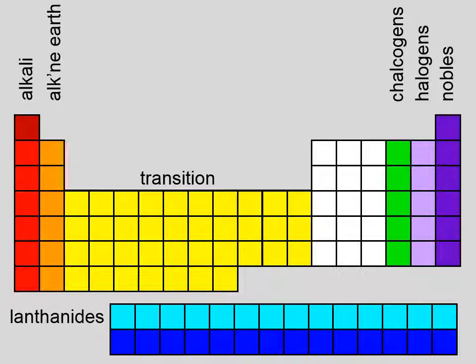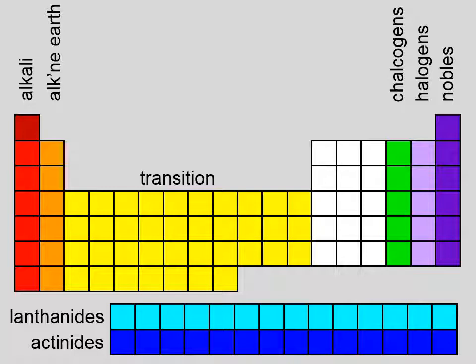Down at the bottom we have the lanthanides, which begin with the element lanthanum. Lanthanum is right here, and after this element right here we go immediately down to right there. So these are called the lanthanides, and these are the actinides, and this element that I'm circling right here is actinium, and right after actinium we go right down to there.